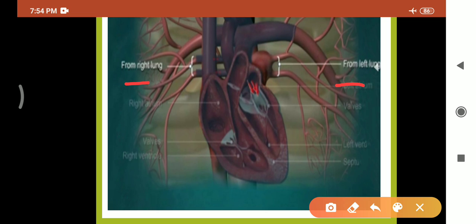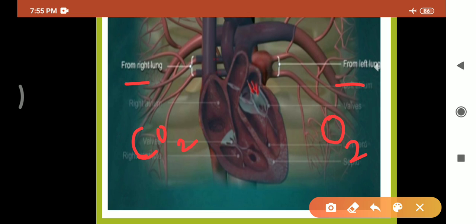And the carbon dioxide-rich blood passes to the right side of the heart. Right side has the carbon dioxide-rich blood, and the left side has the oxygen-rich blood.